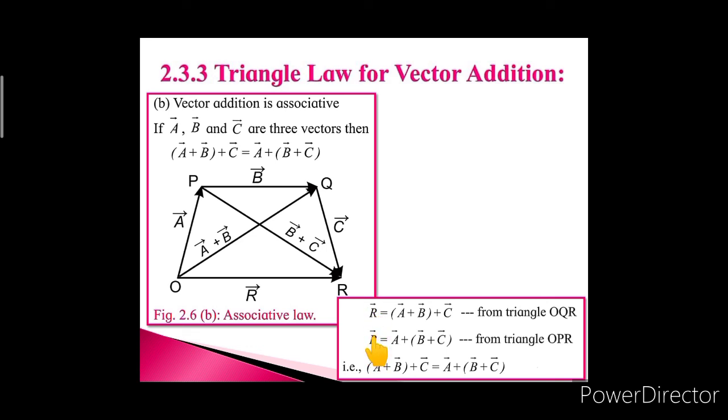The magnitude as well as the direction of both the resultants is the same. So we can say that vector A plus vector B plus vector C is equal to vector A plus vector B plus vector C, grouped differently. That means here we have changed the order of addition by means of their group, and hence we are getting the same value of the resultant. Hence the associative law is proved.